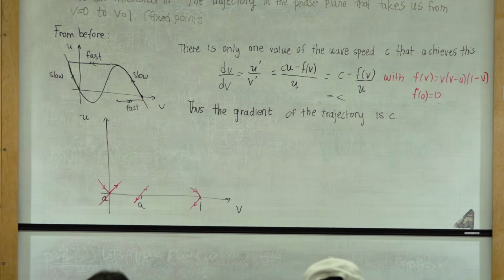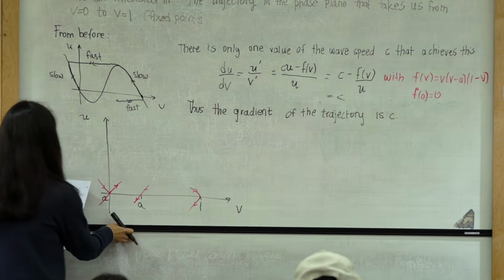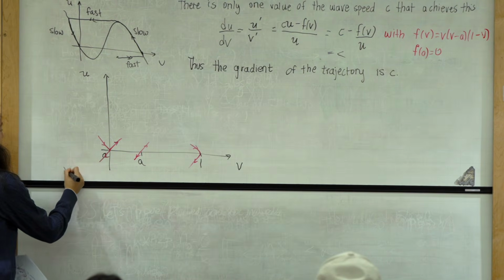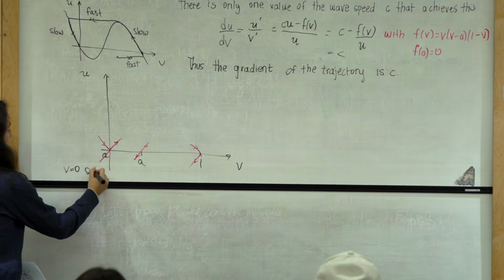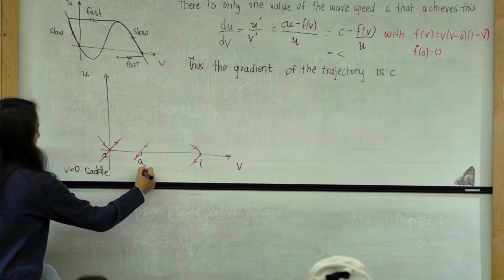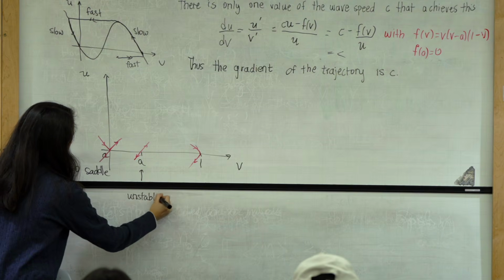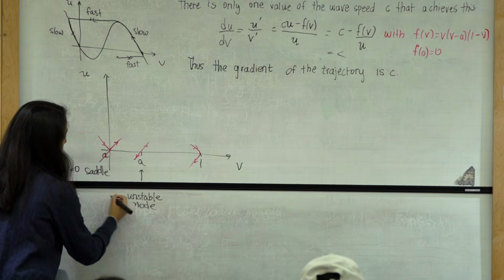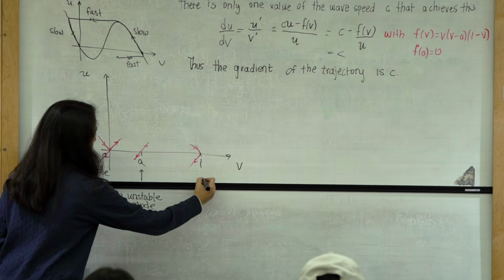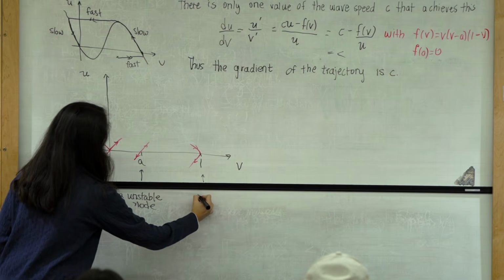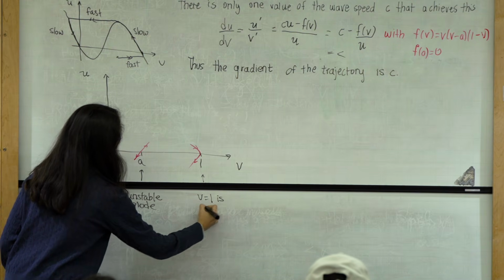So if we know these things that I just mentioned, again, let me just write, this is a saddle. This is an unstable node. And then I also have that this point over here, v equal to 1, is a saddle.